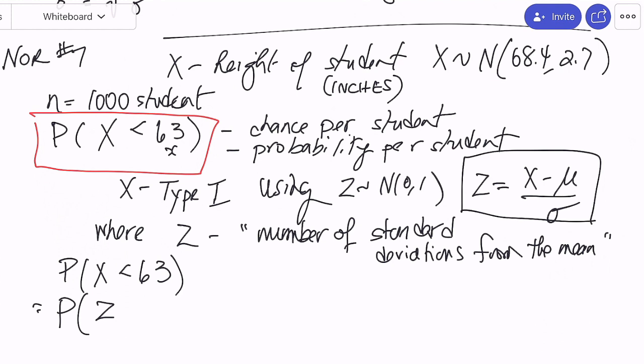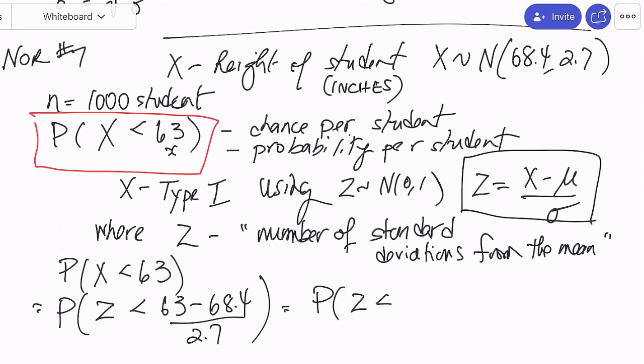I turn X into Z. If you watch the videos, you'll see how and why I do that. I explain why I do that. This is known as standardizing. What is the answer? You guys can solve that for me.